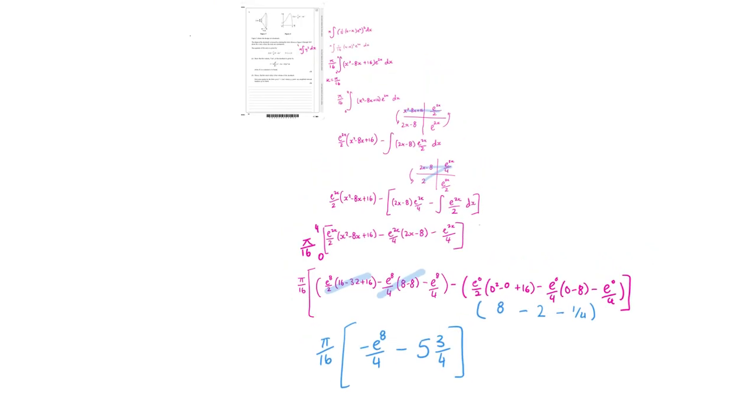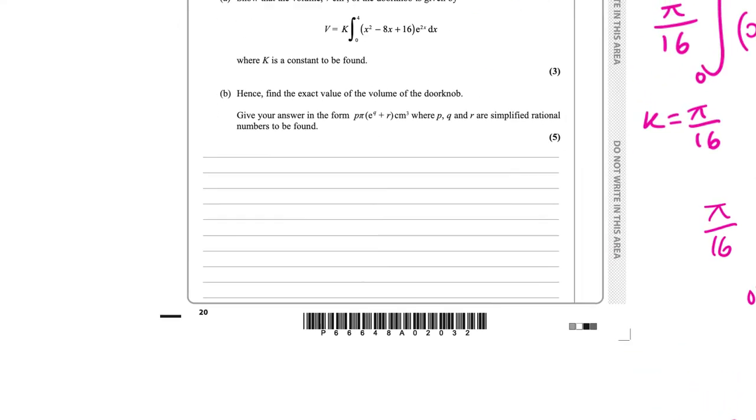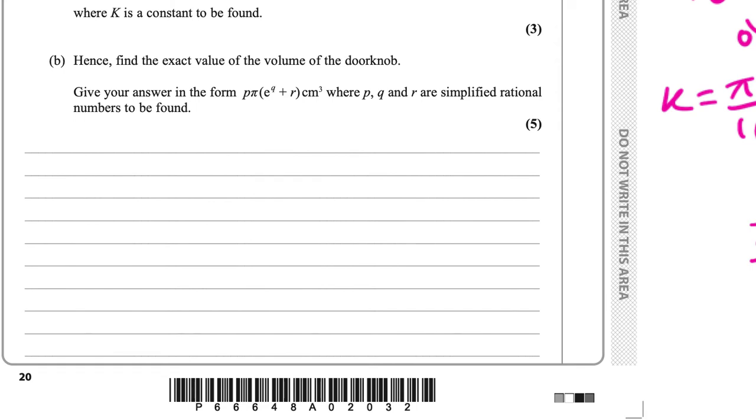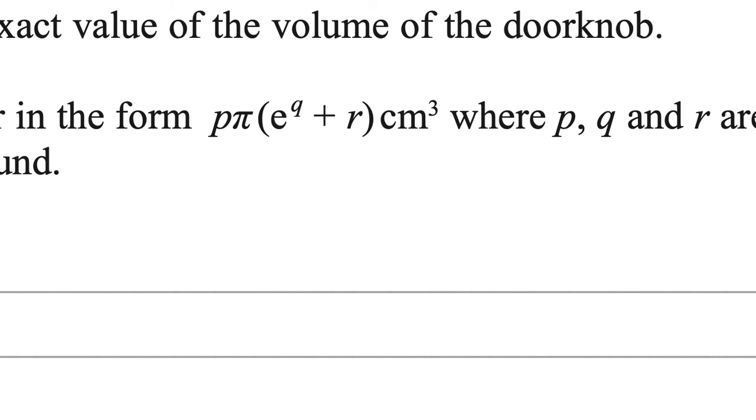Okay, what does it even want? Let's go back to this. Give your answer in the form pi e to the q plus r, where p, q and r are simplified rational numbers to be found. Okay, can you see? I'm going to do something really cool. You might not think it's cool, but I think it's really cool. Yes.